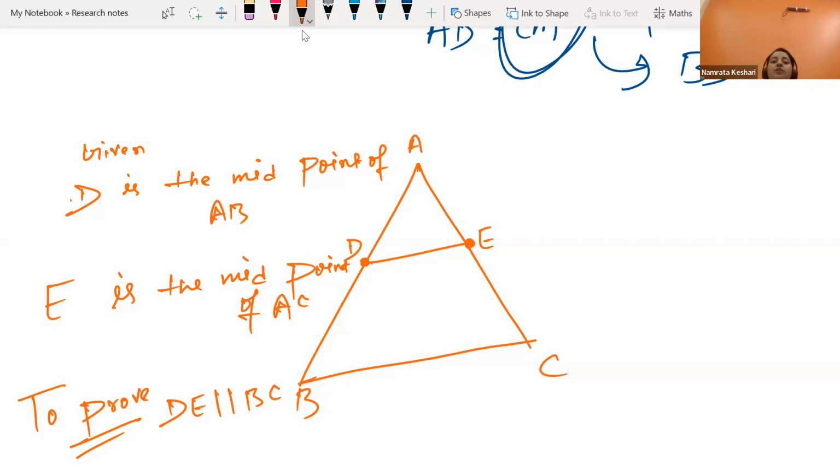To prove it, we are doing a construction. We are extending this side DE till M and we are joining C with M. We are maintaining DE equal to EM, and also joining C and M.